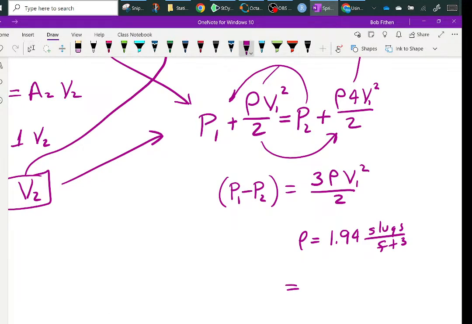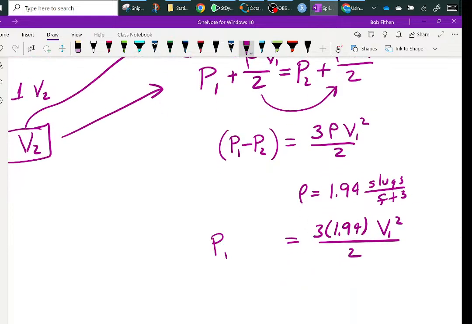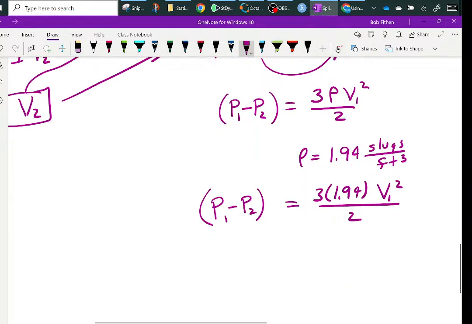You put this in and you get 3 times 1.94 over 2 times V1 squared, P1 minus P2. Now, your key is, can you figure this one out? If you take your Raspberry Pi and you get these numbers out as a function of time, then you can actually take the V1.